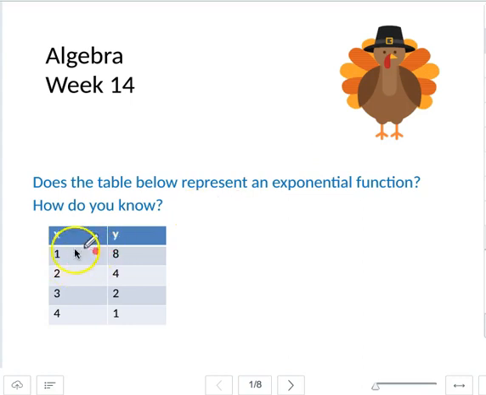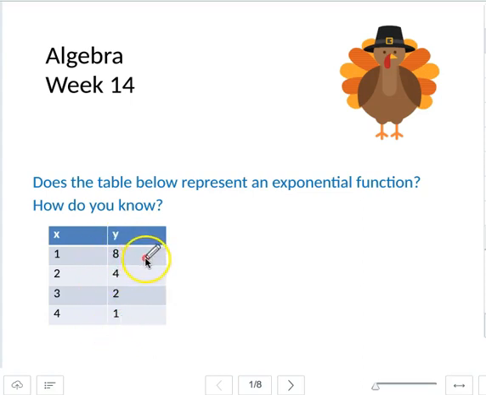All right, so first, let's make sure that the x coordinates are increasing the same amount each time. They're increasing by 1 each time, so we're good there. Now we really want to focus on our y coordinates and determine how they're increasing or decreasing.